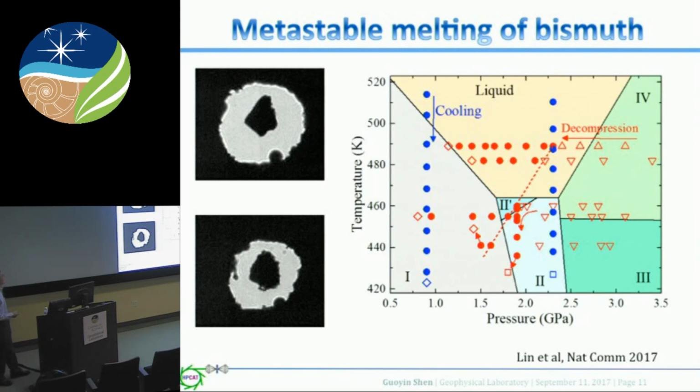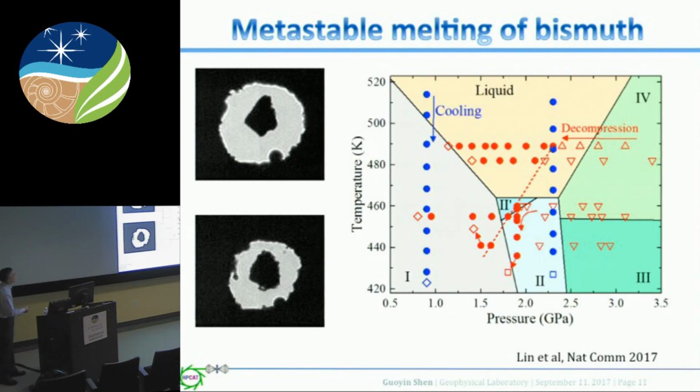And interestingly, when we perturb the system, or we increase temperature at, let's say, this one, we decompress, and then we stop here, and then we decrease temperature, the non-crystalline state stays, and then eventually it crystallizes.